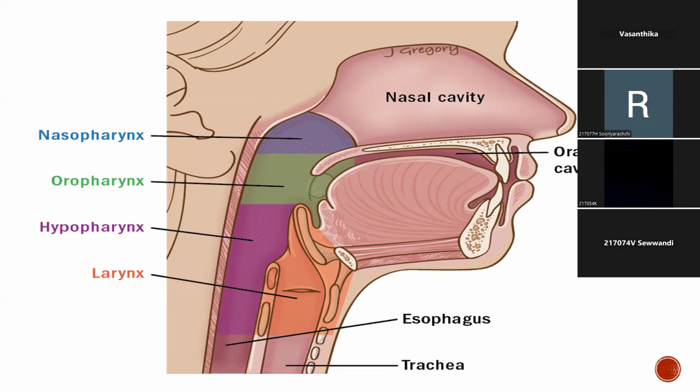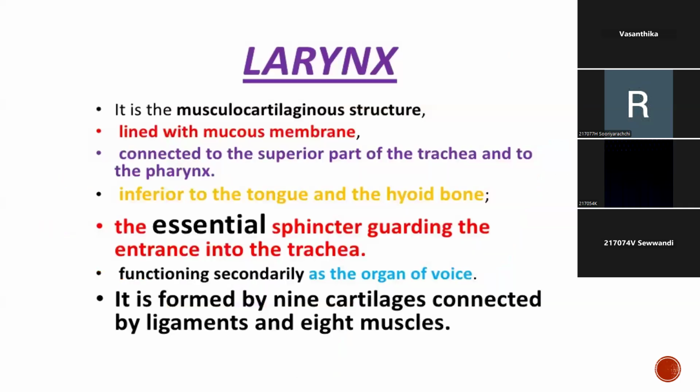Up to the level of the soft palate, from the end of the nasal cavity, is the nasopharynx. From there to the tip of the epiglottis is called the oropharynx, which correlates with the opening of the oral cavity. Then you have the hypopharynx, which is behind the larynx, and that opens into your esophagus. In the front area, you have your larynx, which contains the vocal cords and all.